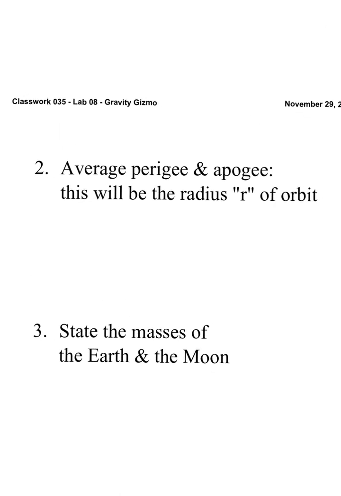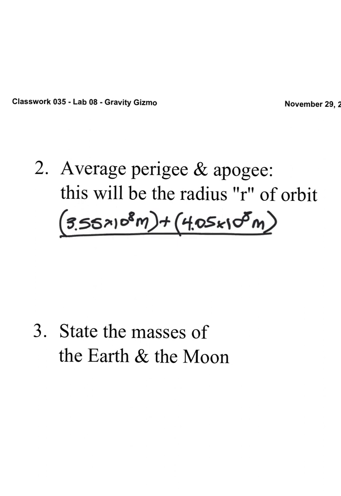So 3.55 times 10 to the 8 meters and 4.05 times 10 to the 8 meters, and it says to average them. So we add them up and we divide by 2. And that's going to be the radius of the orbit, or the separation between the Earth and the Moon.